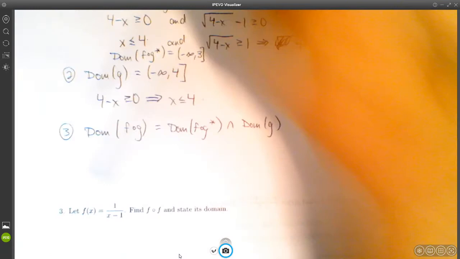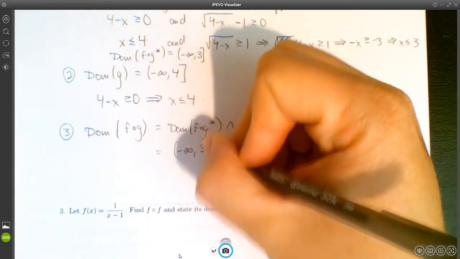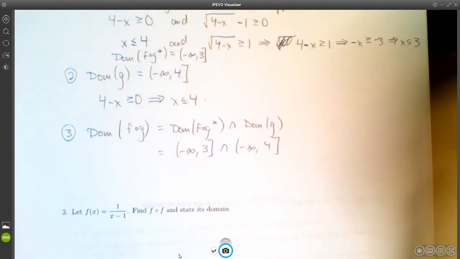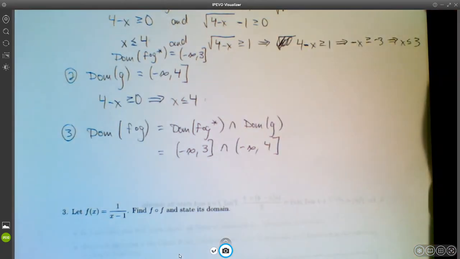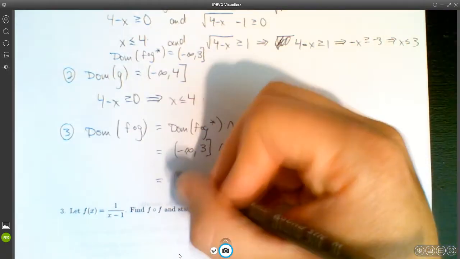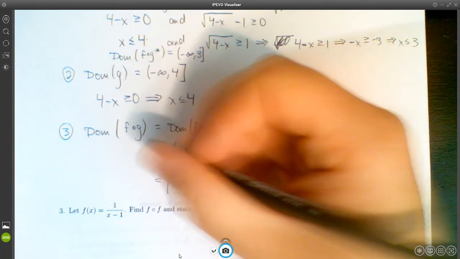So that's negative infinity to 3 intersect negative infinity to 4. Okay, sorry. Then the intersection of these two sets is negative infinity to 3. So that's the domain of f of g.